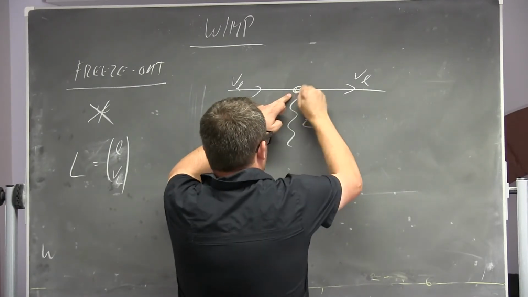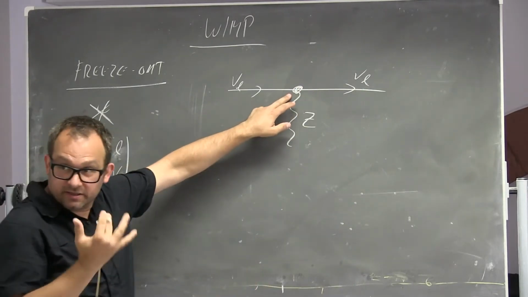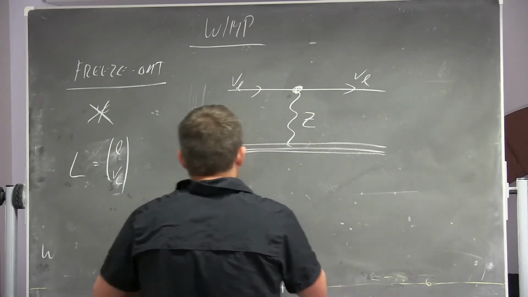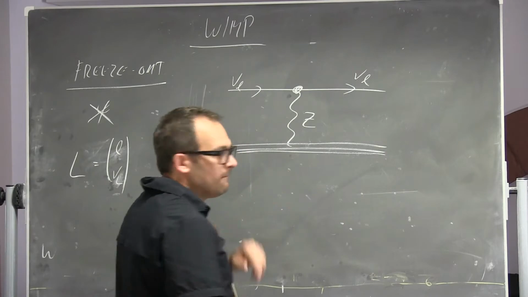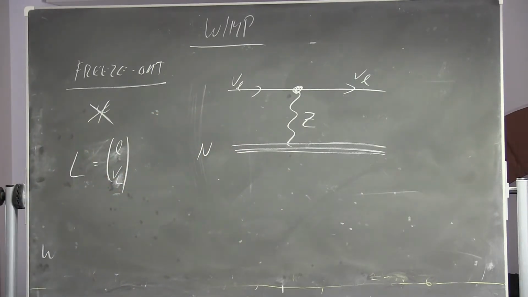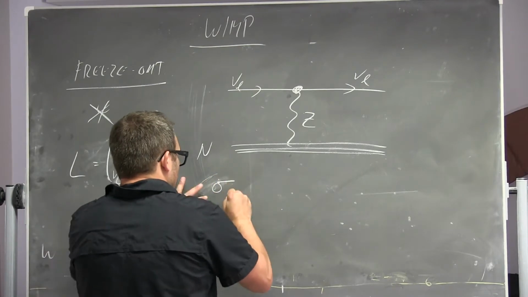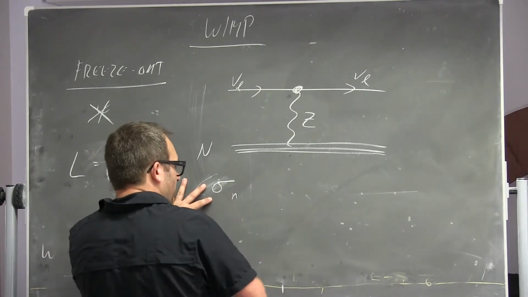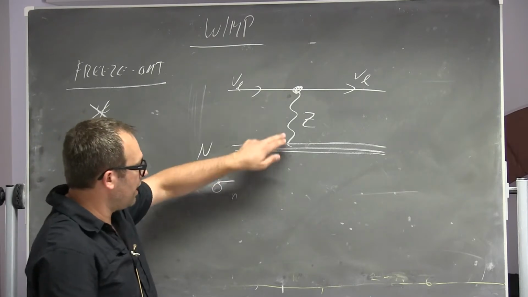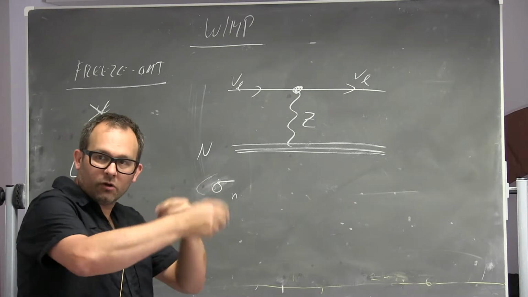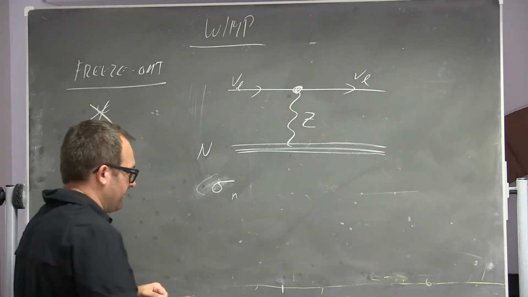You tell them it has a full strength Z interaction because it's a neutrino, and they will scatter this off some nucleus. And they'll say, well, what's the rate? You say, no problem, I'll compute it for you. So the per nucleon scattering cross-section, the cross-section of the Z off an individual nucleon, and then I do a coherence over the number of nucleons that I've got.